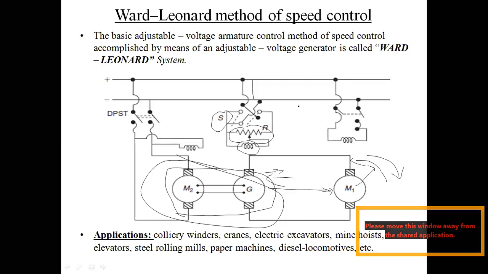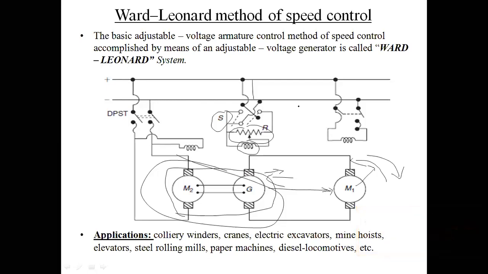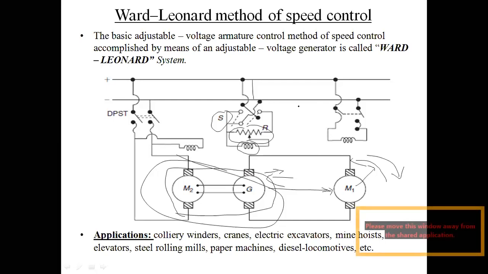The main advantage is that the generator voltage can be varied from 0 to the maximum value using this variable resistor. Another name we can call it is a diverter. By this diverter, we get the variable voltage, produced by the excitation of this field.